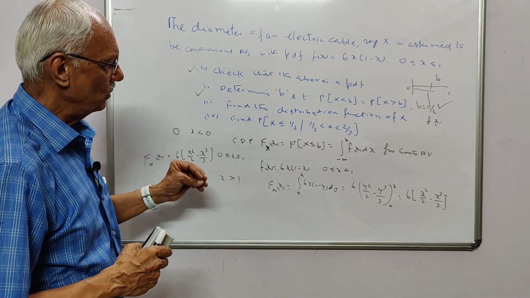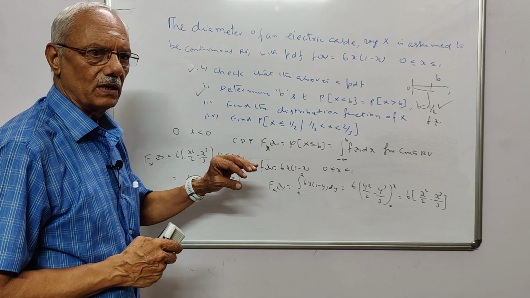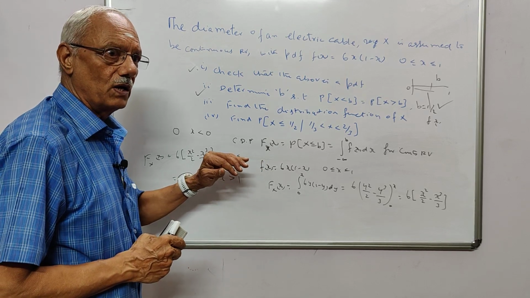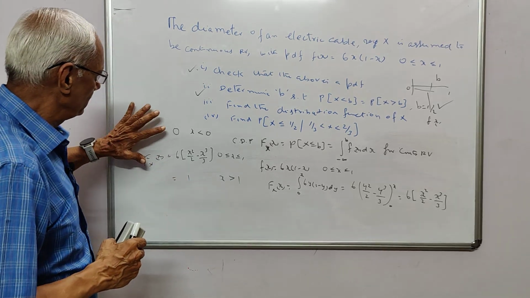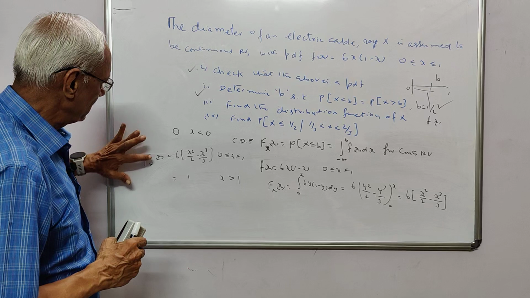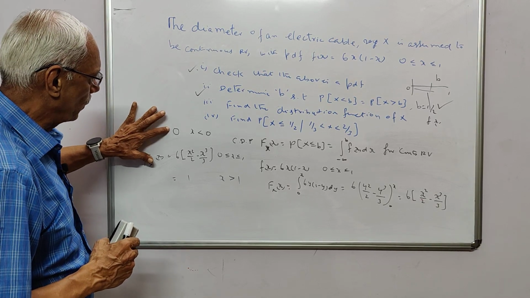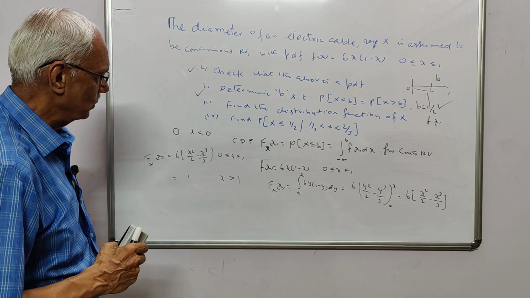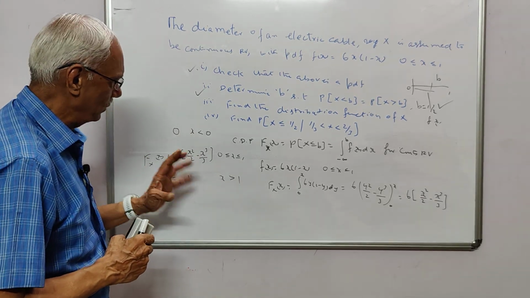And here I want to make a small mention of a very important aspect. This cumulative distribution function is 0 for x less than 0, and for x greater than 1 it is equal to 1.